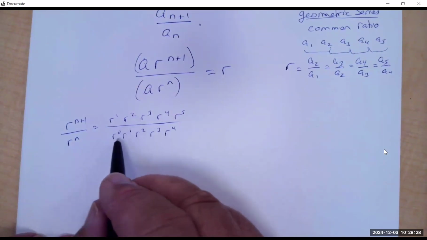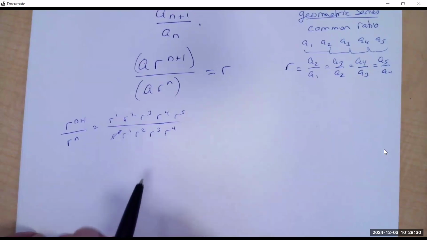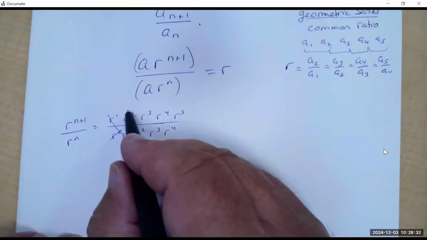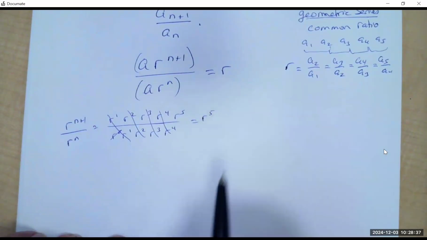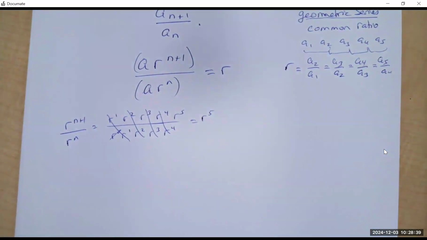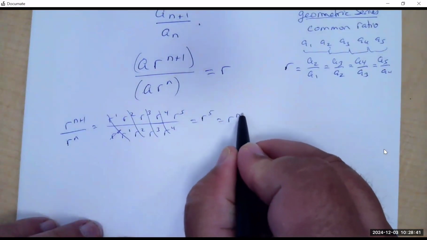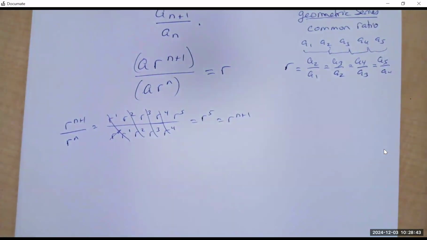So what happens here: the initial term is R0, then these cancel, these cancel, these cancel, these cancel. All we are left with is R to the 5th, which is the R_{n+1}th. It's the actual location of that one.